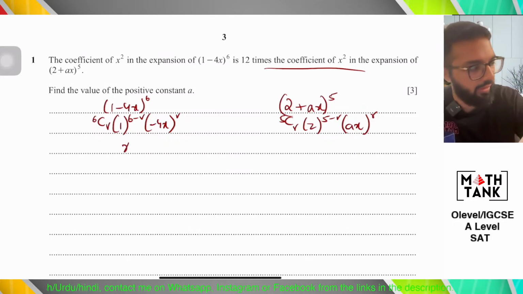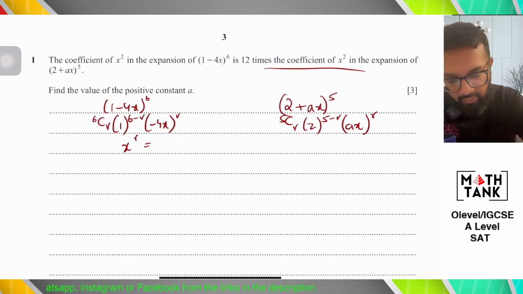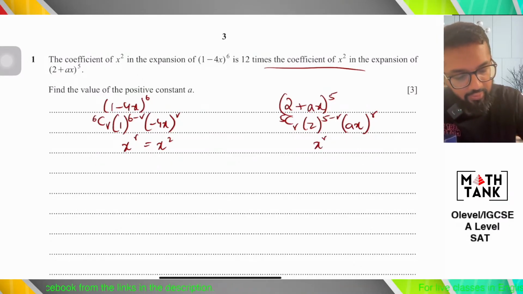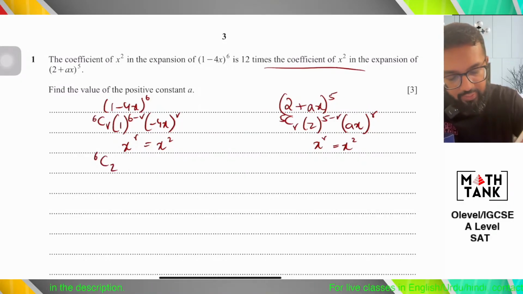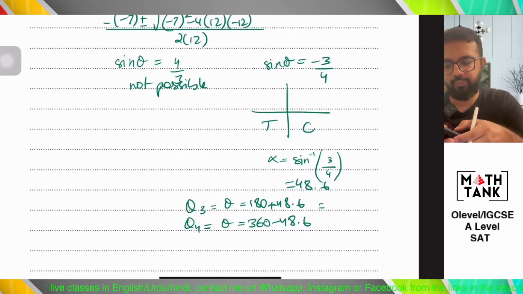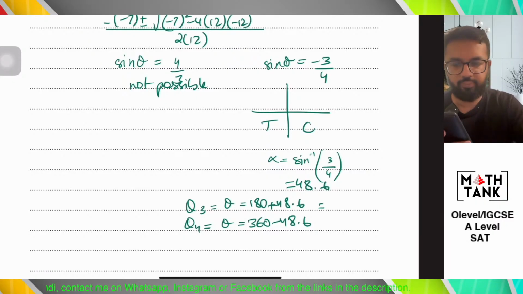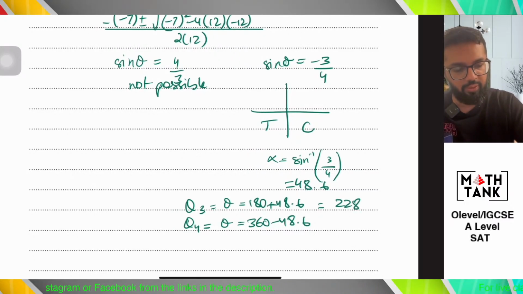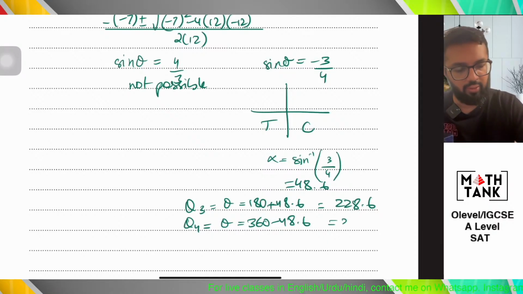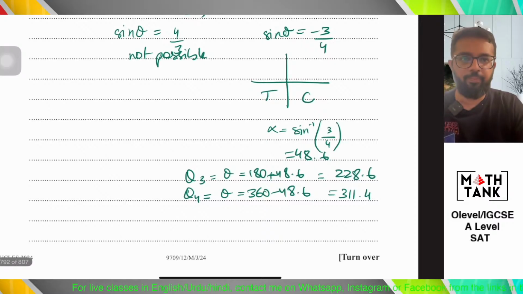So x power r should equal x squared, so I have 6C2, 1 power 6 minus 2, minus 4x power 2, and 5C2, 2 power 5 minus 2, so 360, 48.